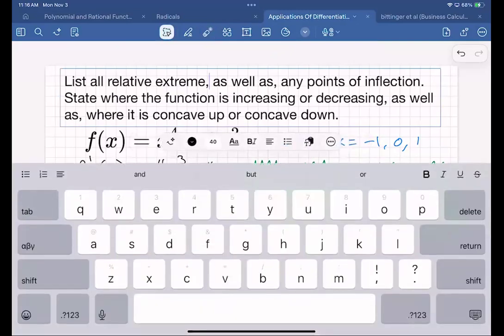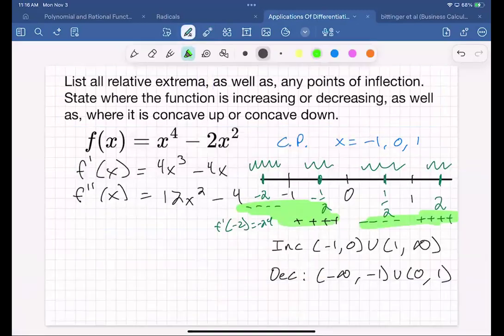That should be extrema, not extreme, sorry. So understand that we're expecting some minimum values here. At a relative max.